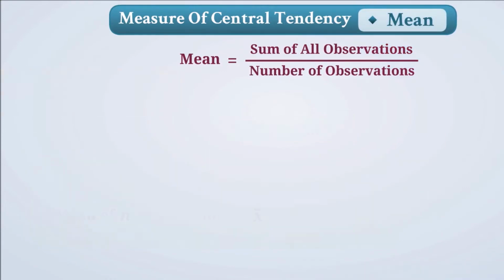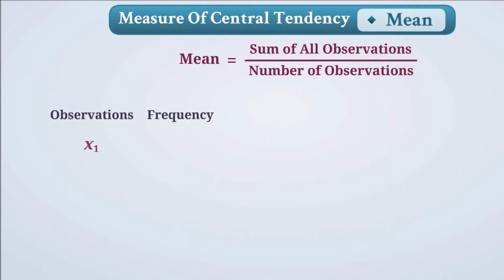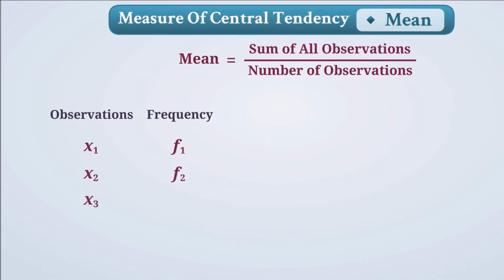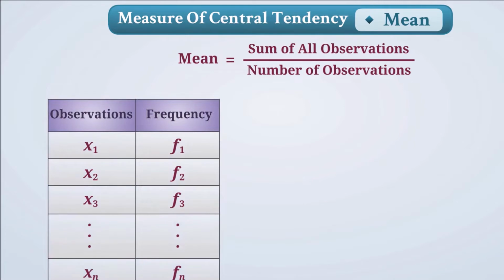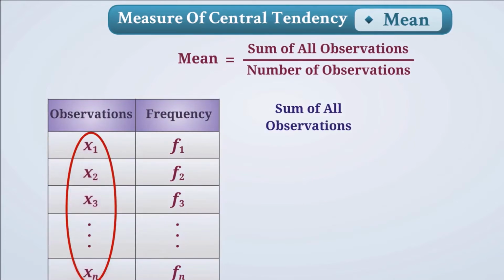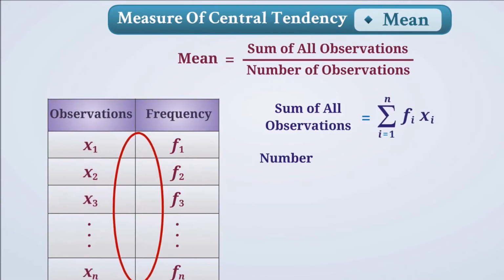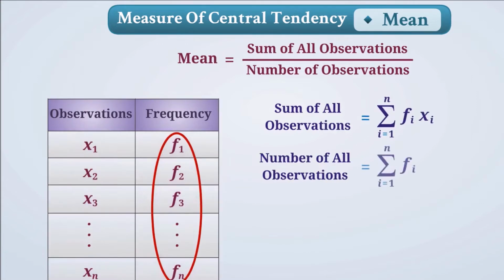Now, consider that in the observations, the frequency of x1 is f1, x2 is f2, x3 is f3, similarly xn is fn. Then, we can get the sum of all observations in this way and the number of all observations in this way.